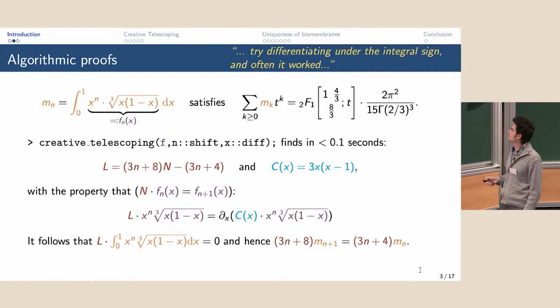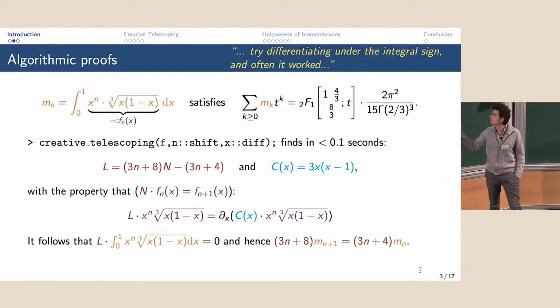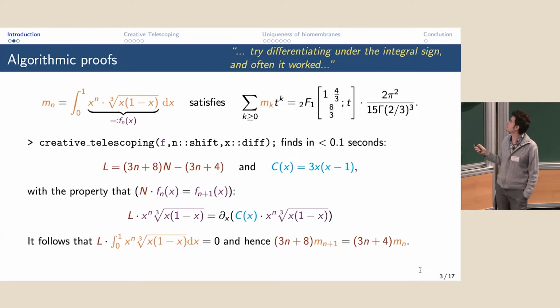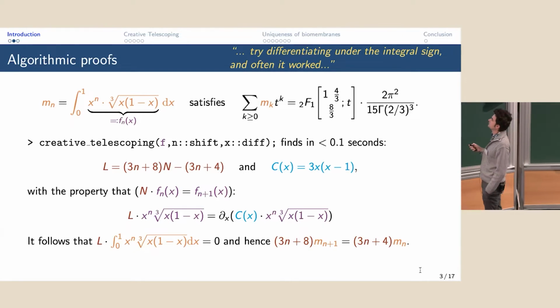Now looking at it a bit differently, but actually the completely same idea. We have these moments, and we want to prove that the generating function satisfies this identity, which will actually prove that it satisfies the differential equation.